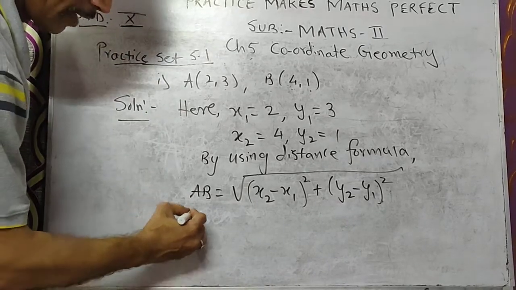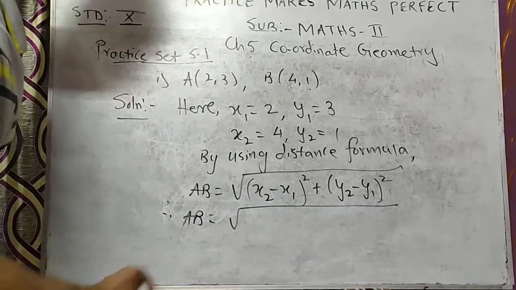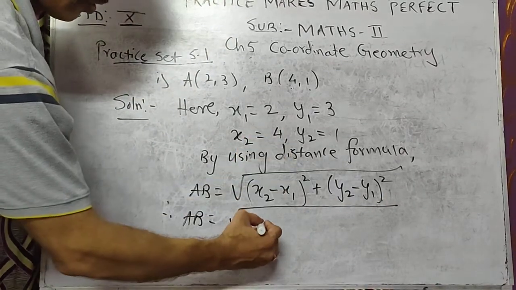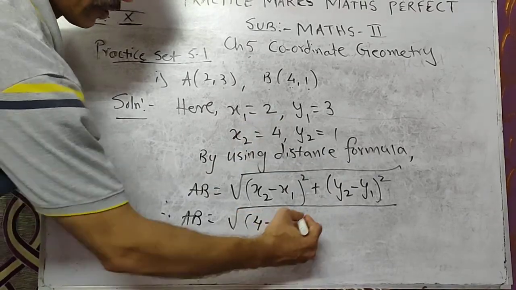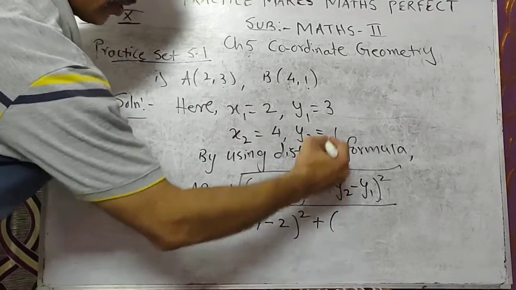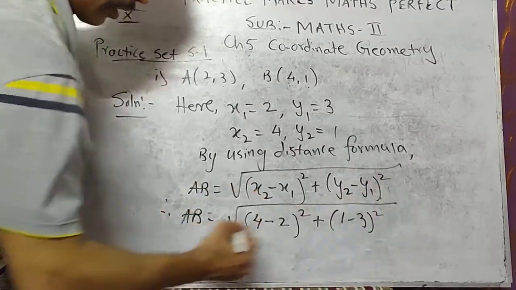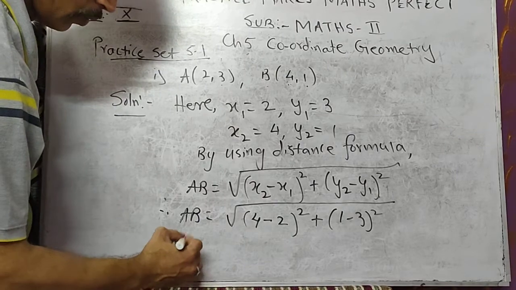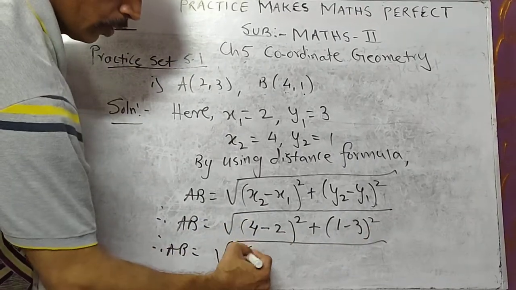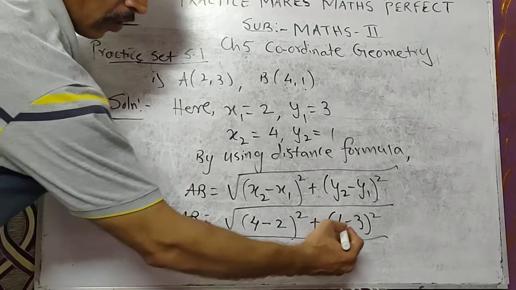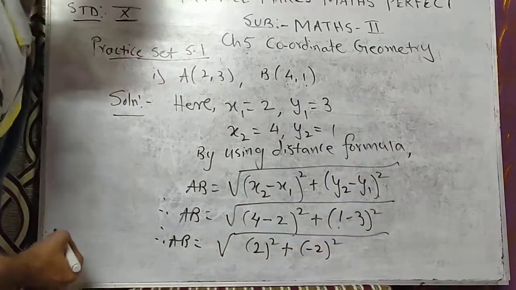Okay, so therefore AB is equal to, see now it is very easy sum, square root of x2 is 4 minus 2, 4 minus 2 the whole square plus y2 is 1 minus 3 the whole square. So therefore AB is equal to square root of 4 minus 2 is 2, 2 square plus 1 minus 3 is minus 2 the whole square.